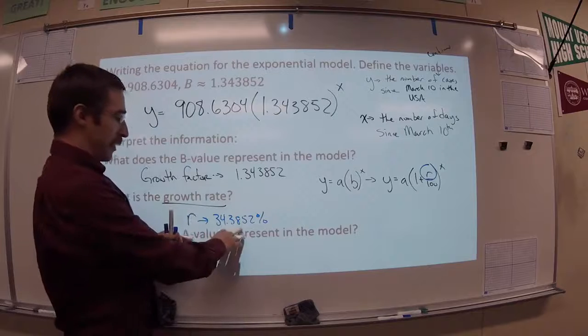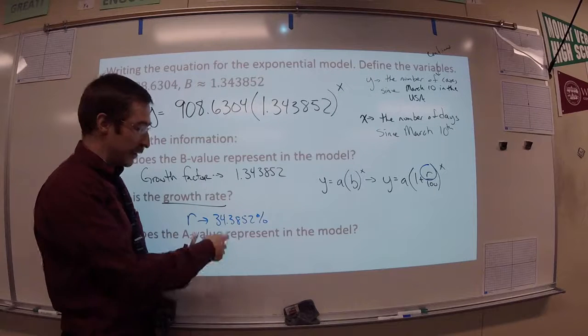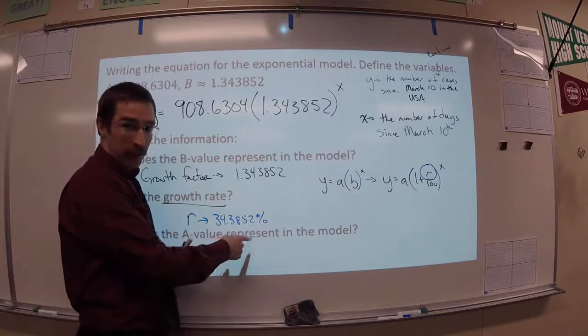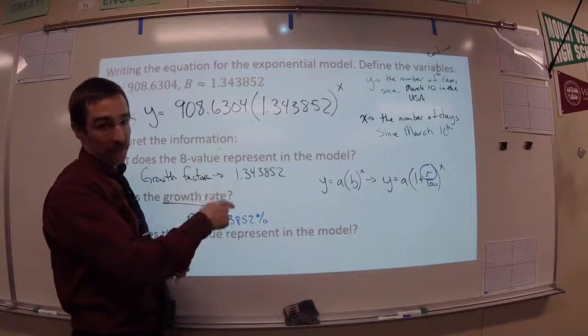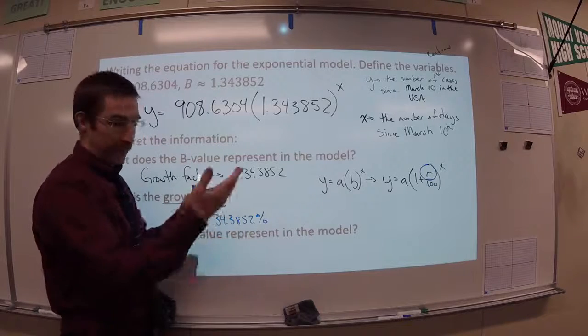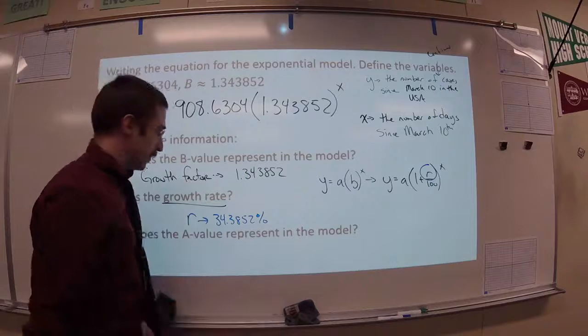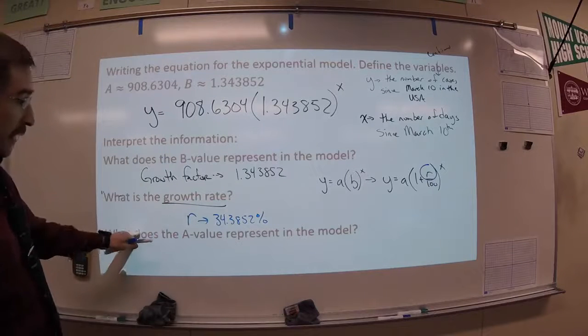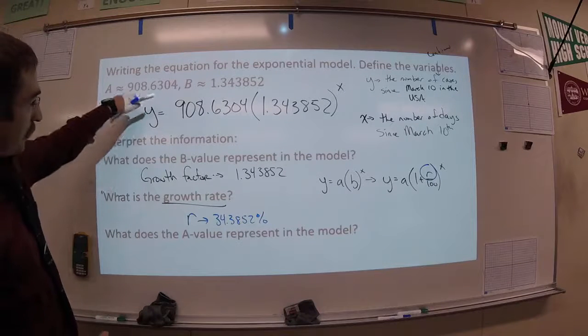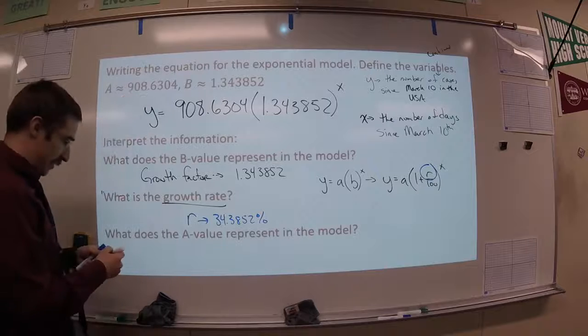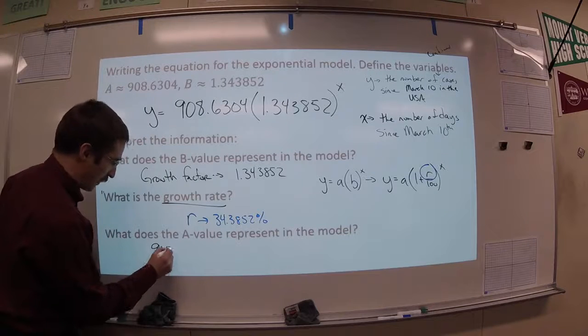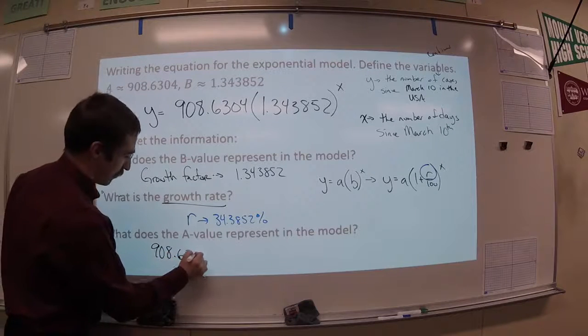So 34.3852%. That's huge. If you had this in your stock portfolio, you would be loving life. You'd have a ton of money in like 20 years. Crazy. So that's a huge growth rate. The a value, we already talked about that, is 908.6304.